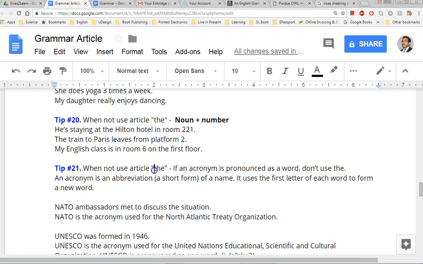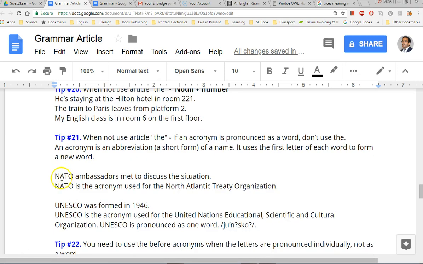Don't use "the" in front of acronyms. Acronyms mean abbreviations of a word or a name. If they are pronounced as words, for example, we call it NATO, right? Pronounced as a word, not like "U-NATO." So don't use "the." UNESCO, don't use "the."